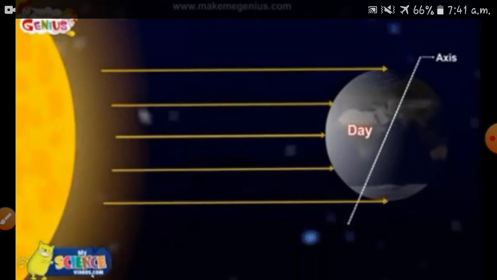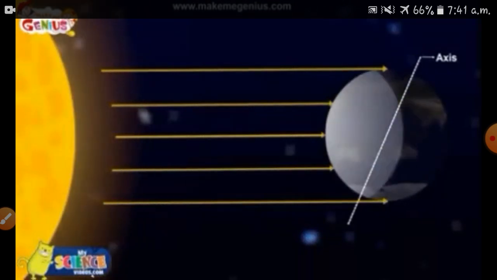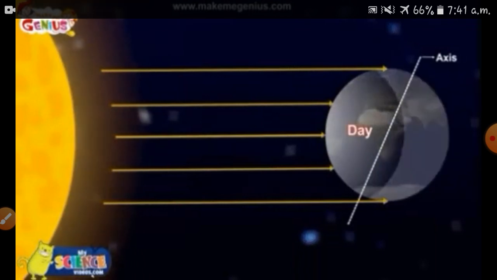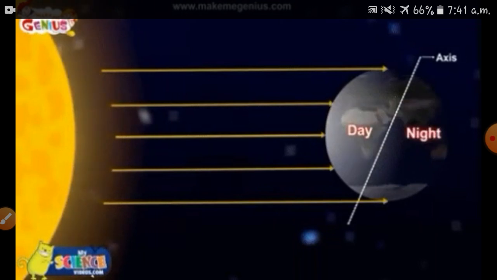The part of the earth facing the sun is having daytime, and the part which is not facing the sun will have nighttime.